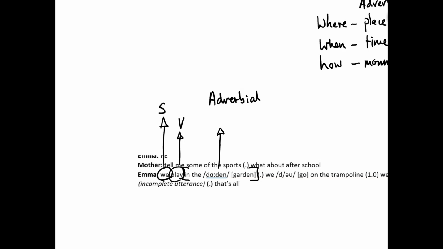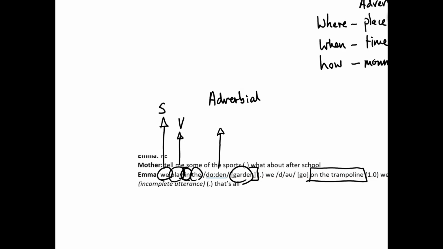Is this "in the garden" telling you where? Is it telling you when? Is it telling you how? Well, of course, it's telling you where the thing takes place. Actually, "in" is a preposition. "The" is a determiner. "Garden" is a noun. There are no adverbs in there at all. But it is telling you where the thing took place. Just like "on the trampoline." So we play in the garden. We go on the trampoline.